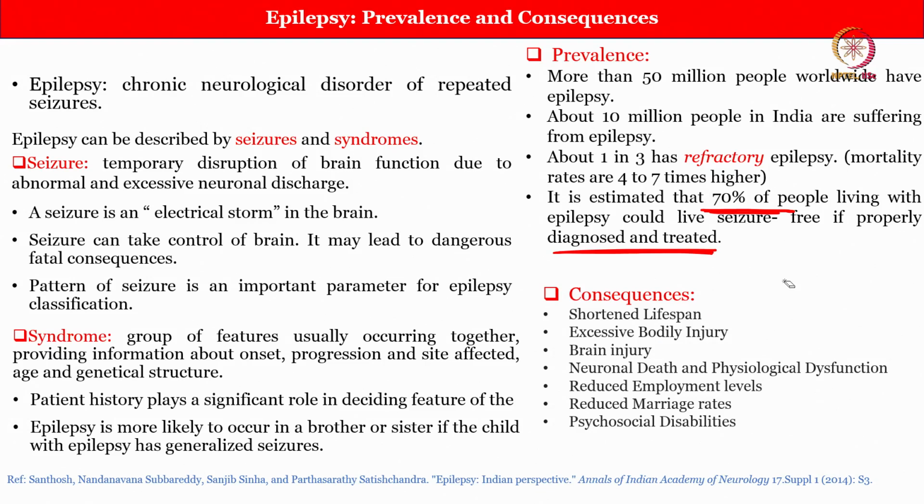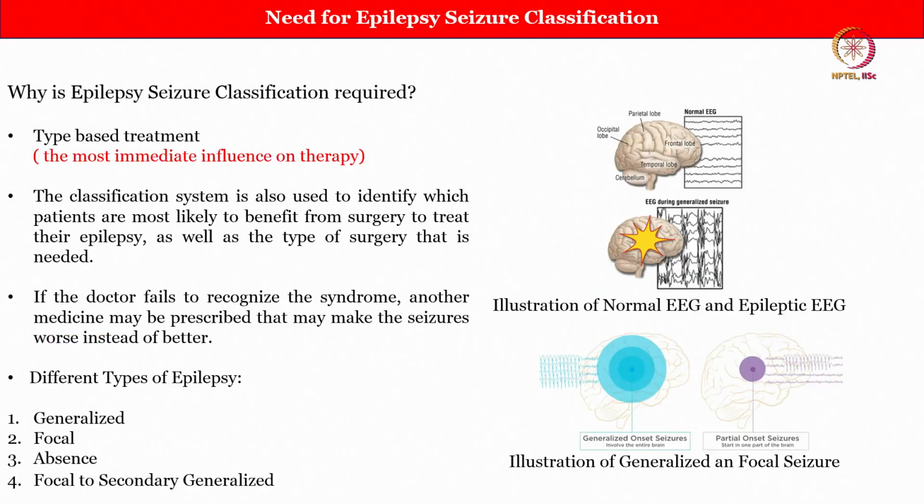Neuronal death, physiological dysfunctions, reduced employment levels, because for a person who has many episodes of seizures it is difficult for an employer to hire the person, since at any given time that episode may occur. Reduced marriage rates, and of course psychological disabilities. The point is that the correct way of epilepsy diagnosis is very important.